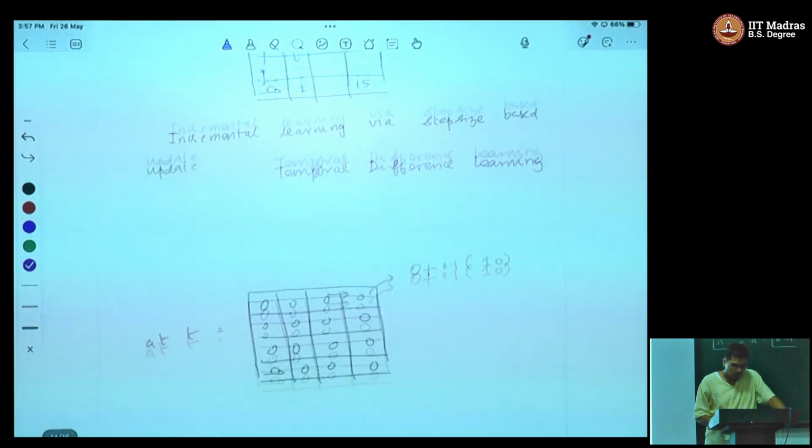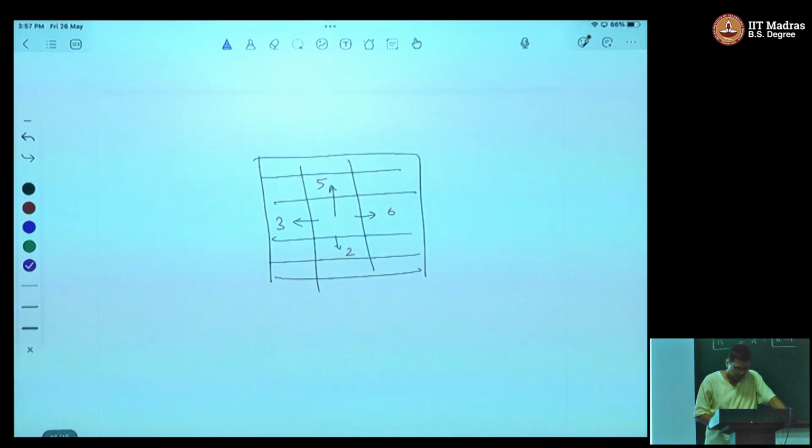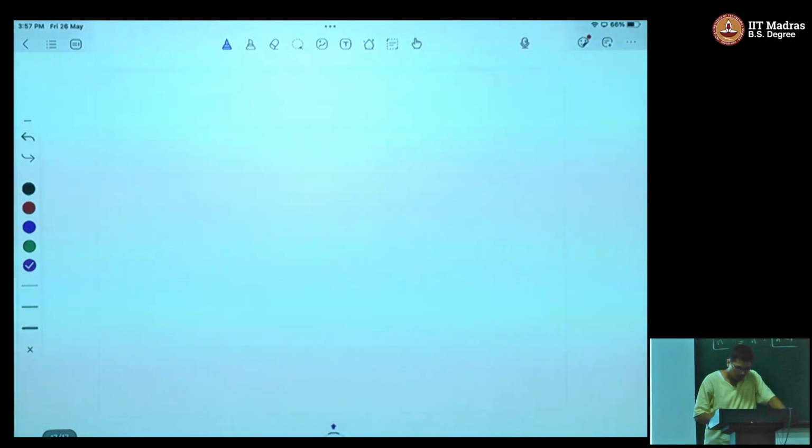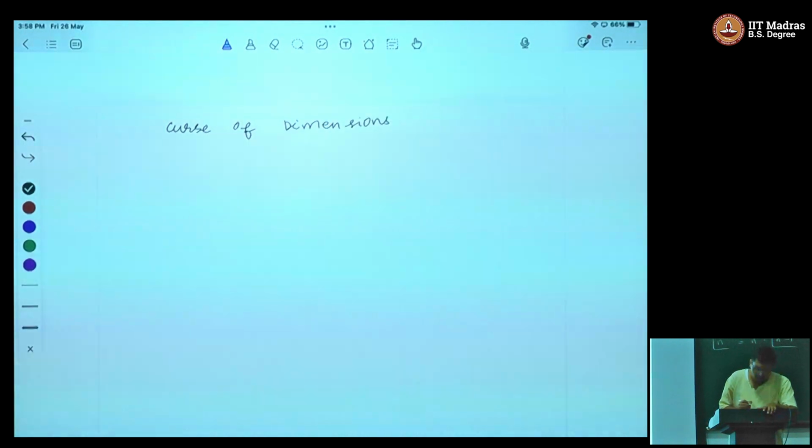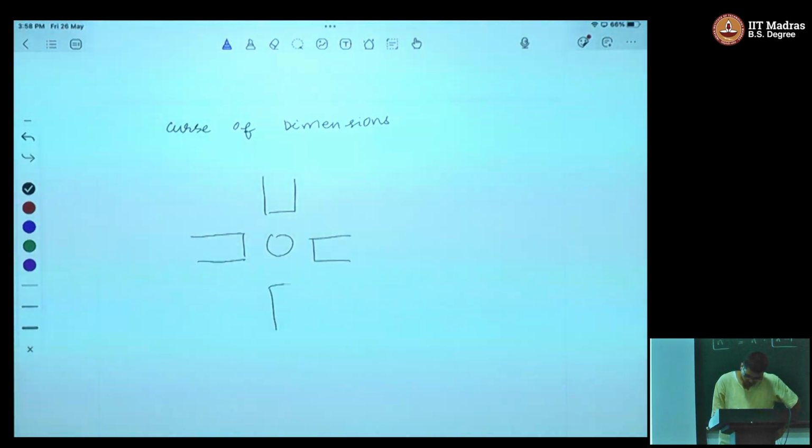So one last part that comes up in reinforcement learning algorithms is what is known as the curse of dimensionality. Okay. Suppose I have a junction, right?